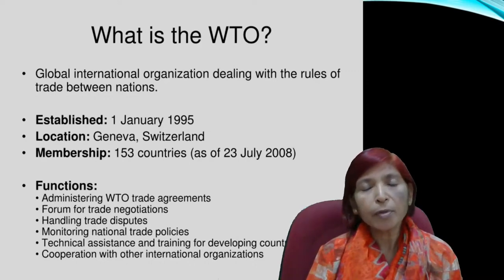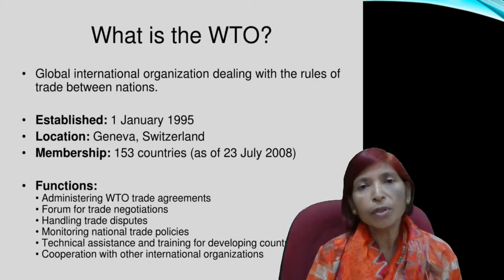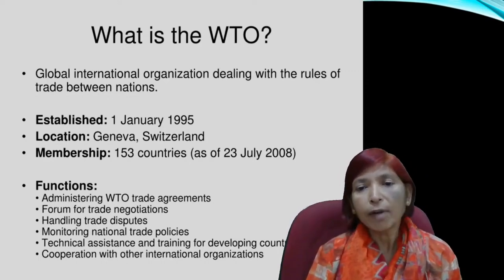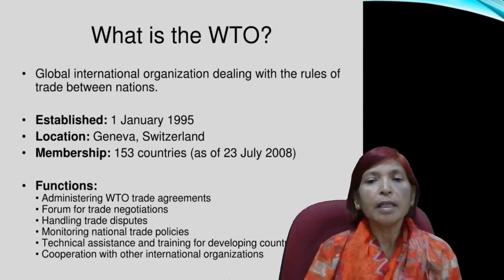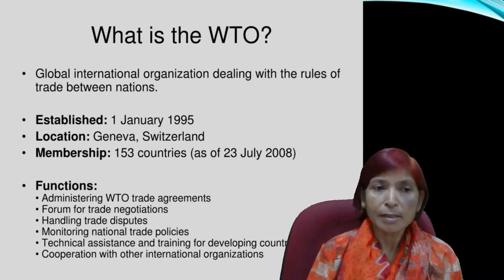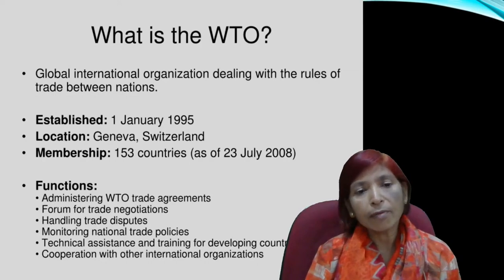WTO is a much broader concept, and GATT was converted into WTO on 1st January 1995. It is a global international organization dealing with the rules of trade between nations. It was established on 1st January 1995.